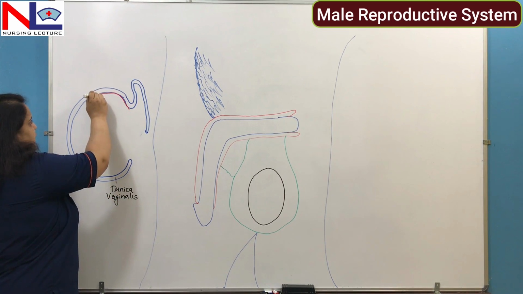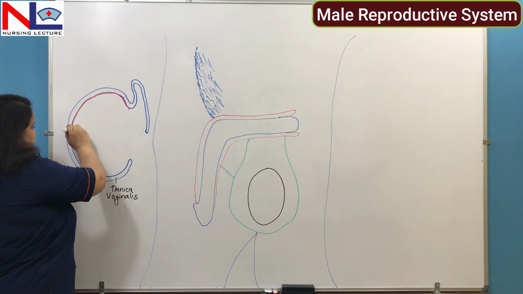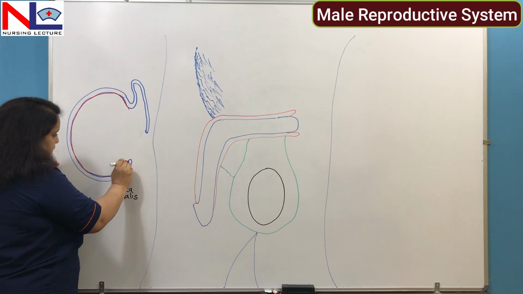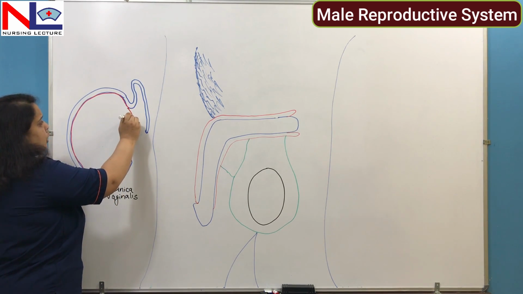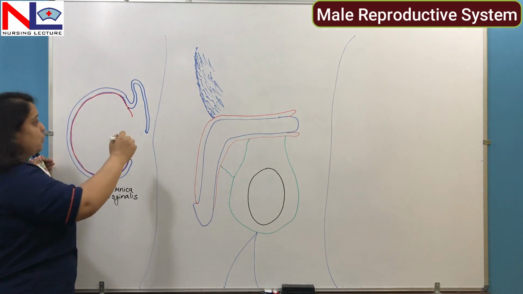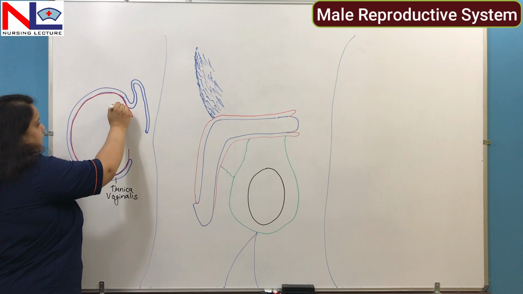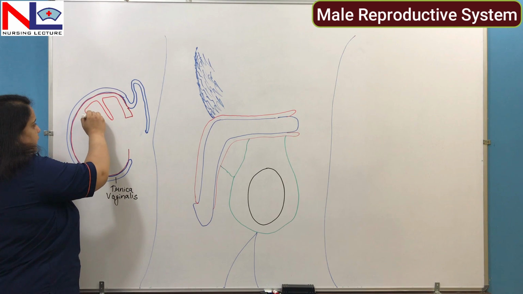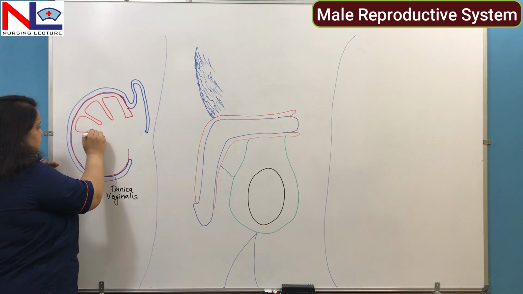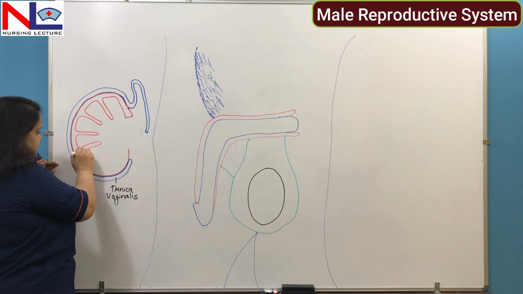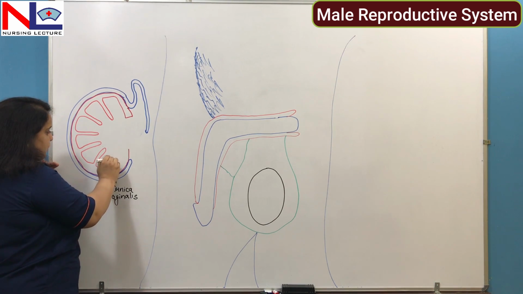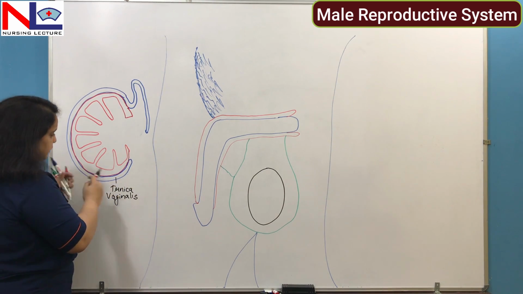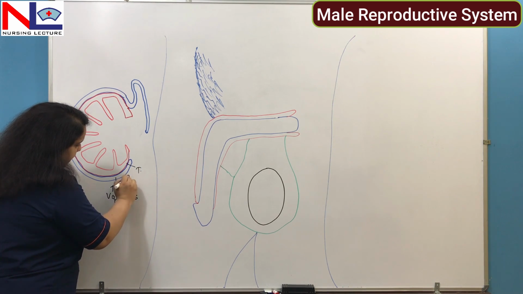The tunica albuginea lines along with the visceral layer of the tunica vaginalis, and along with that it extends inward in the form of various compartments, the lobules. This is the extension of the tunica albuginea, where it forms lobe-like structures, lobules. So this is the tunica albuginea.